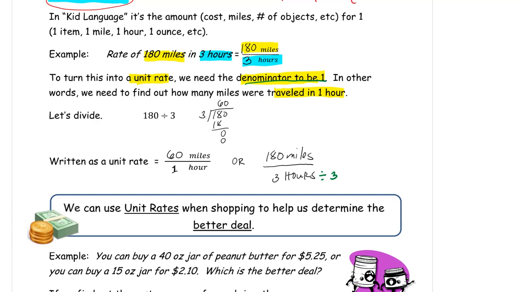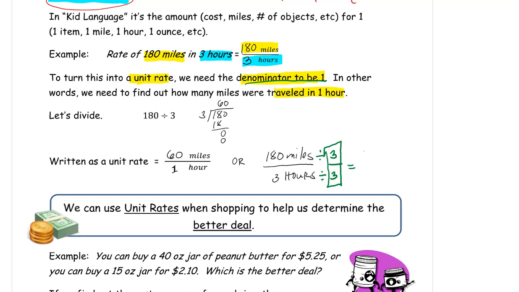And if you can remember, to get the equivalent rate, whatever you do in the denominator, if you're dividing it by 3, you also divide the numerator by 3. Again, it doesn't affect the value of that rate because essentially 3 over 3 is just equal to 1.